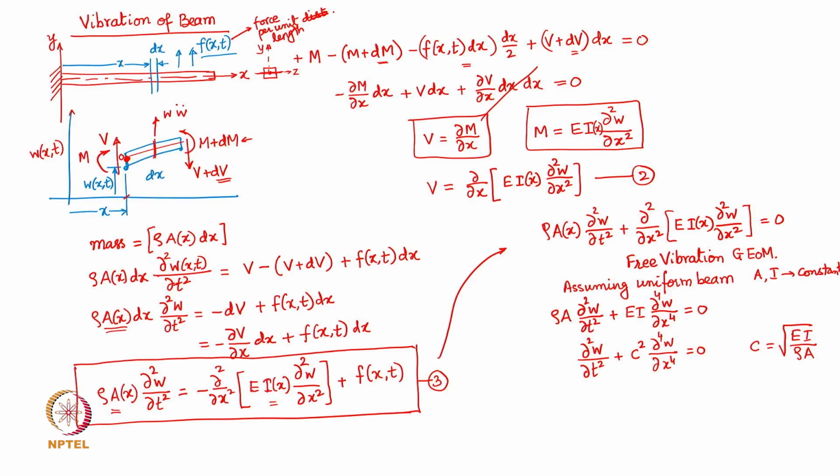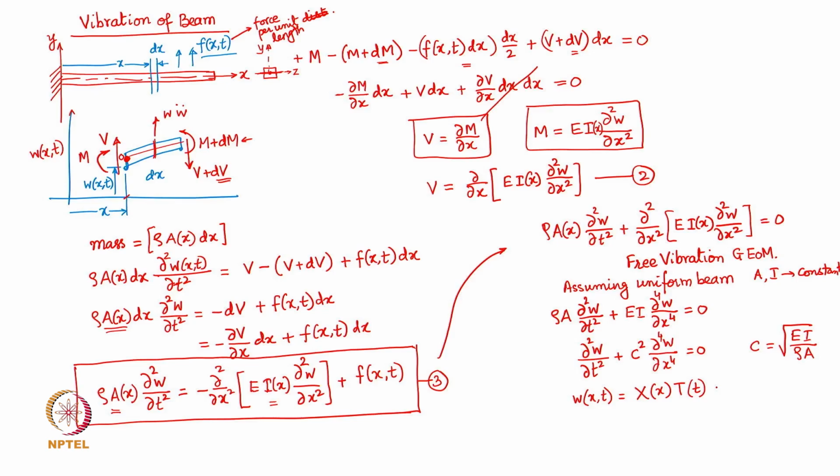Now the way we always do, we assume the solution here to be given by w(x,t). The total solution here is given by the product of two functions, one dependent only on x, the other dependent only on time.